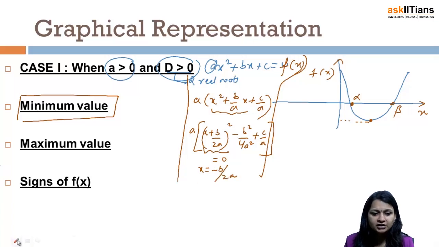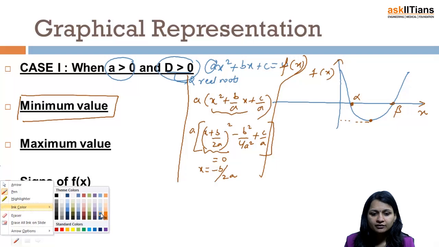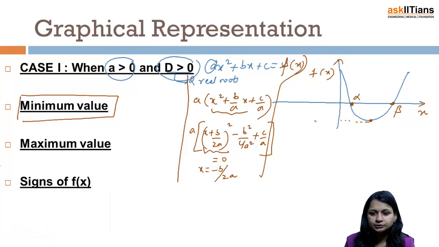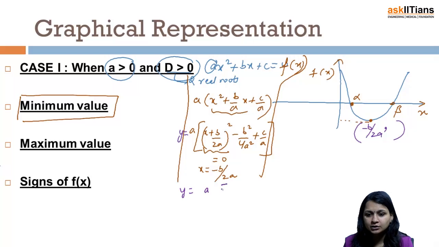So a very important thing that we have noted down is that at x = −b/2a, I will get the minimum value. But what will be this value? This value will be equal to y, and we have to find that particular y. So when I put x = −b/2a, I will have y = a into (−b² + 4ac)/4a².